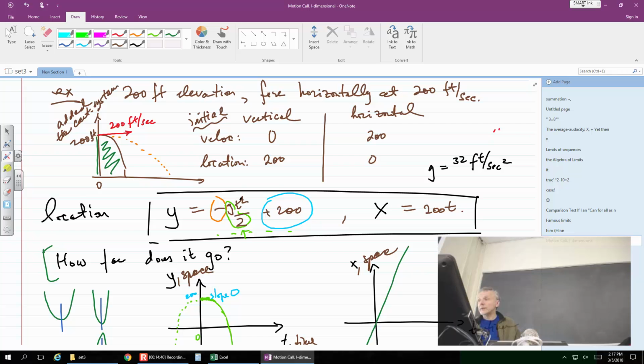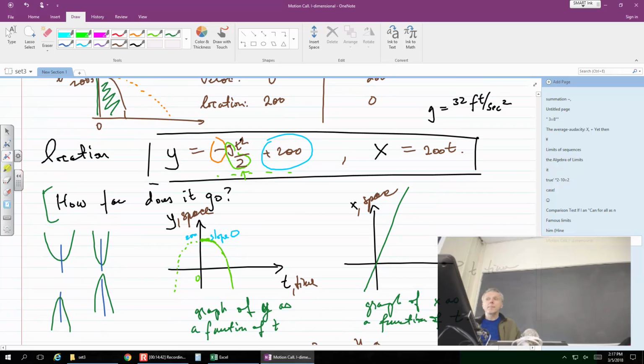Well, these are the formulas. So this is y and x depending on t, two formulas. We want how y depends on x, one formula. So how do we make one out of two?